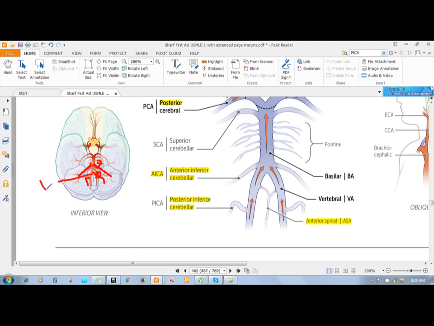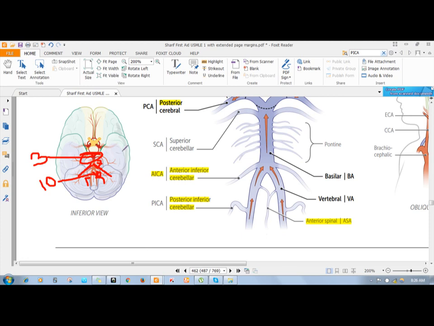Let me just draw that here. And whenever you damage your midbrain, which I cannot see and you cannot see too, you are going to have a lesion involving the 3rd cranial nerve. So this is the basic idea about the cranial nerve nuclei.